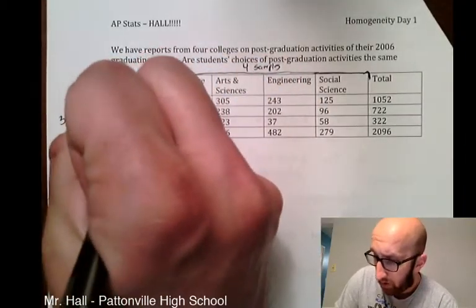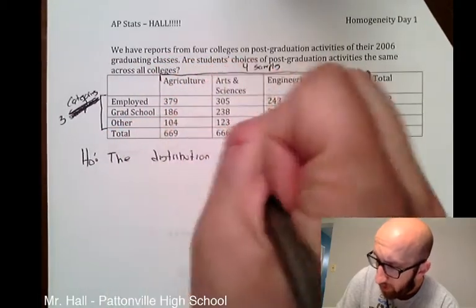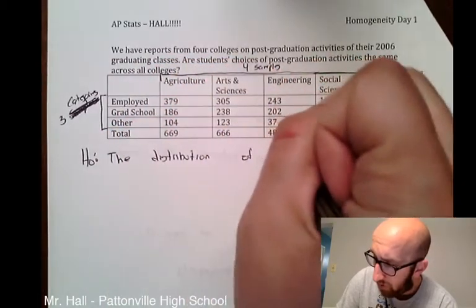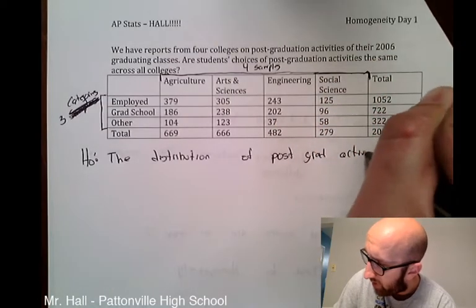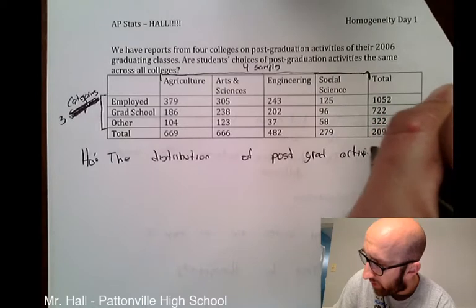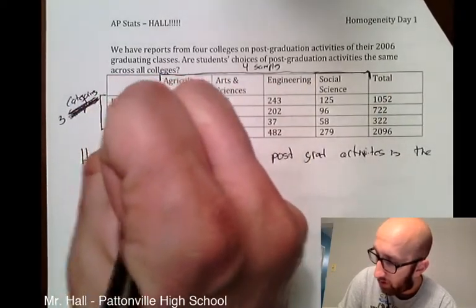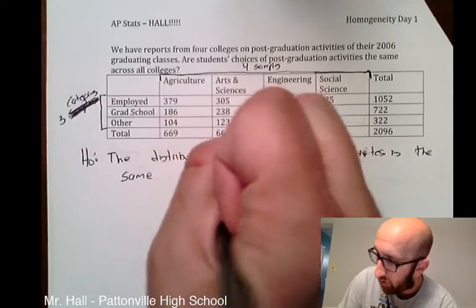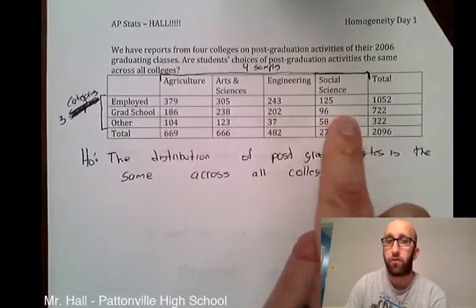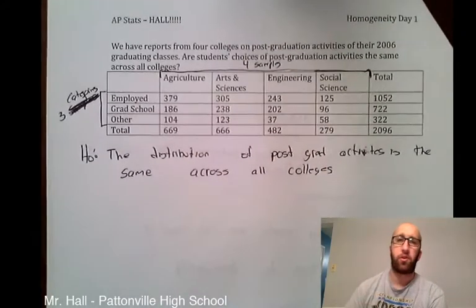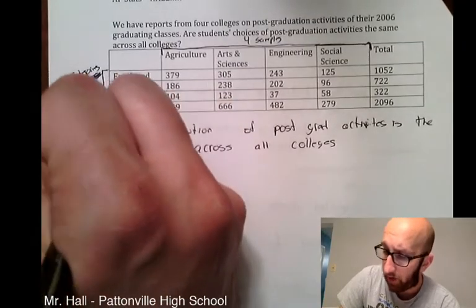So the distribution of post-grad activities is the same across all colleges. So these 4 different groups that we talked to. That's what we're going to assume is true. We're going to assume these distributions, these breakdowns, are in fact the same.